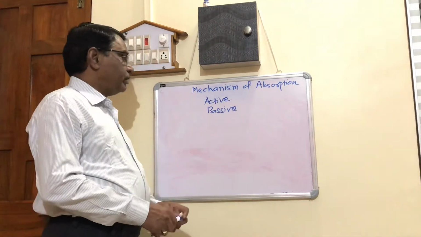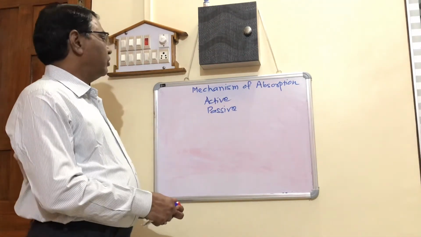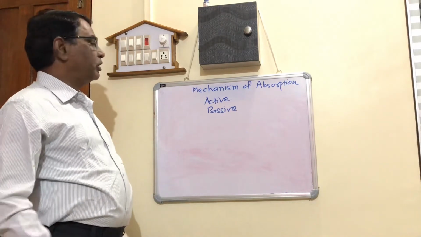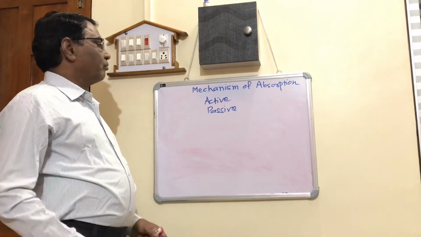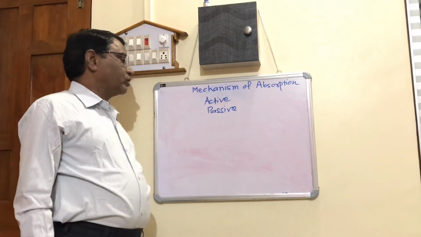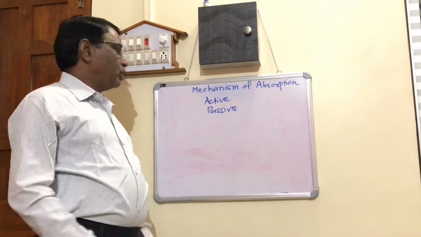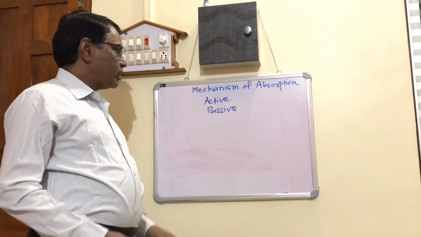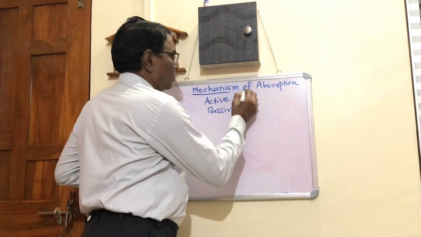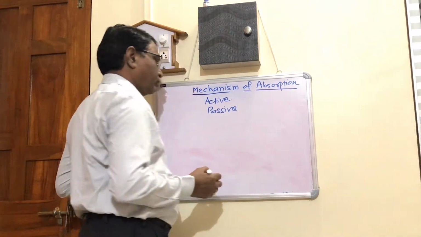So in the last lecture we studied what absorption of water is, then the role of water in plant life, the path of water absorption, and just started with the mechanism of water absorption.